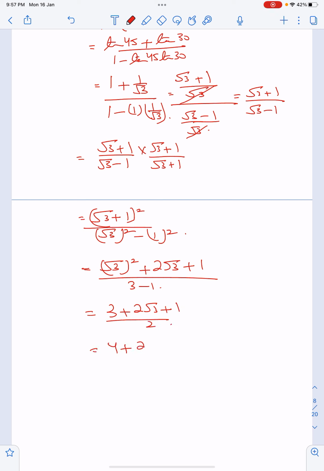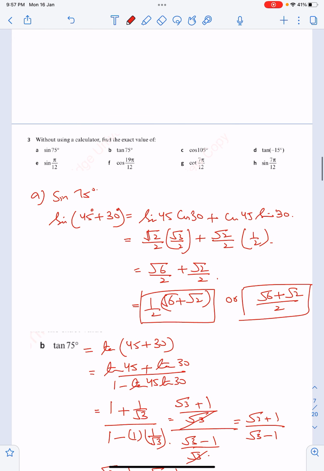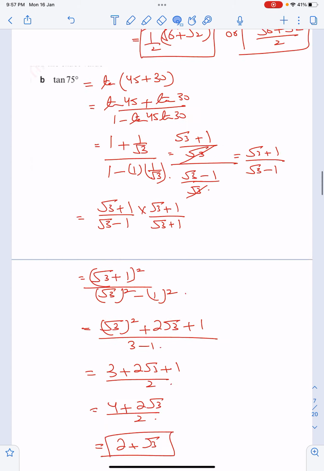So 4 plus 2 root 3 upon 2. If I divide both the terms by 2, I will get 2 plus root 3. This is the answer to the B part. Likewise, if I have to do, for instance, tan of negative 15, the D part.